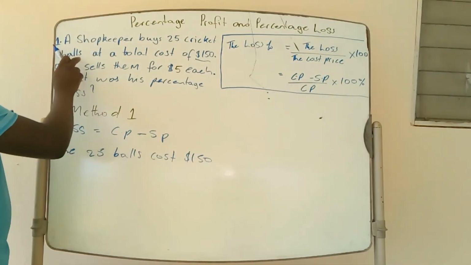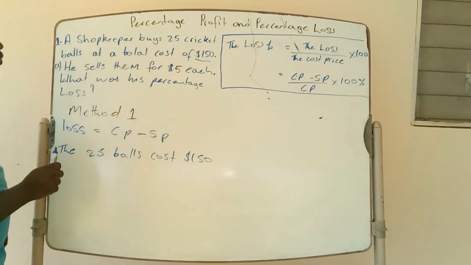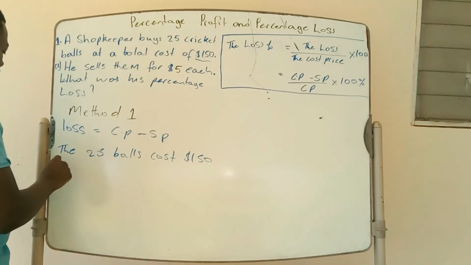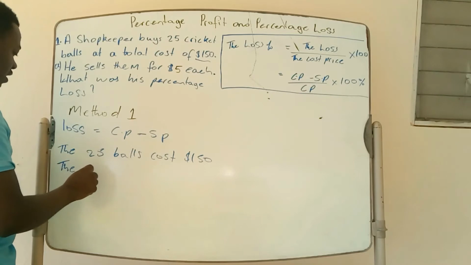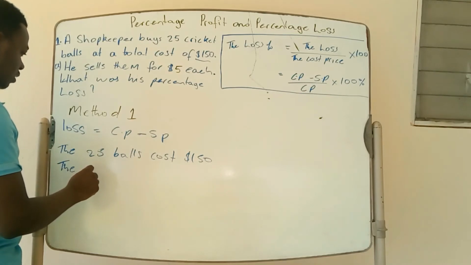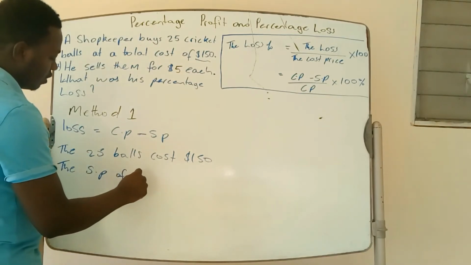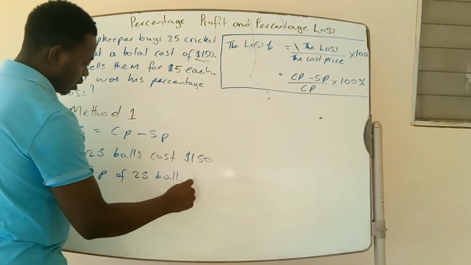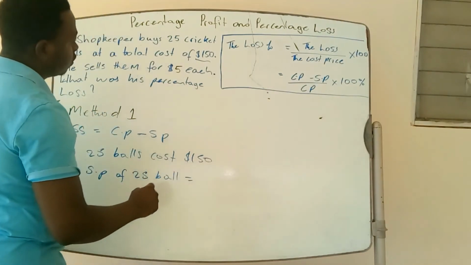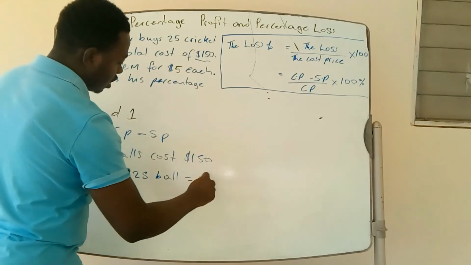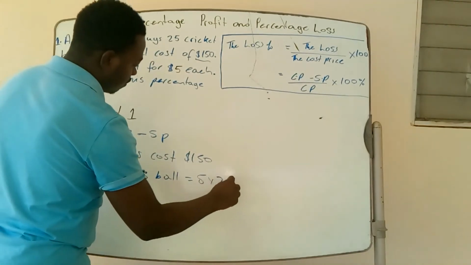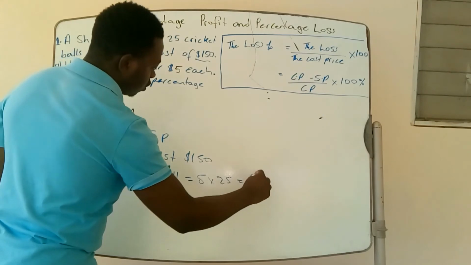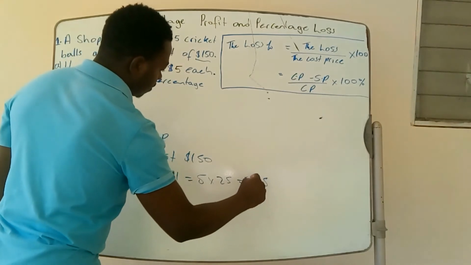After selling the 25 balls, how much money did he make? We know that the selling price of the 25 balls is equal to 5 times 25. So that's going to be 5 times 25, which is equal to $125.